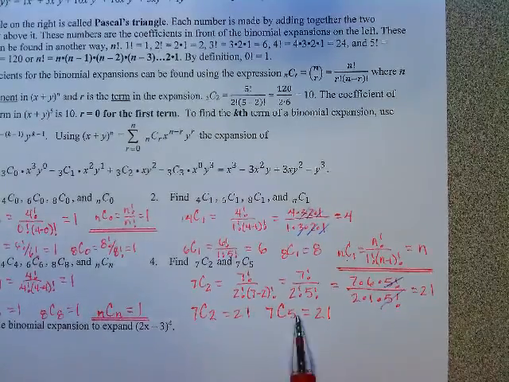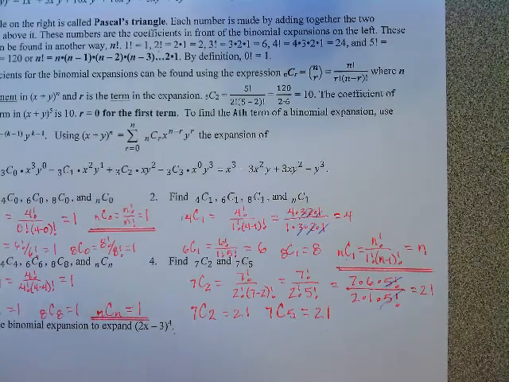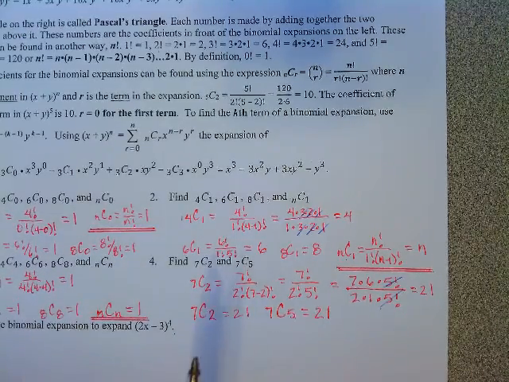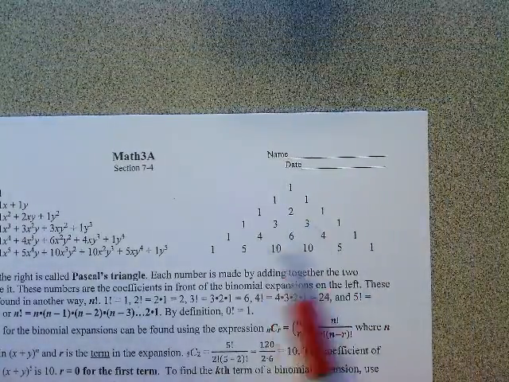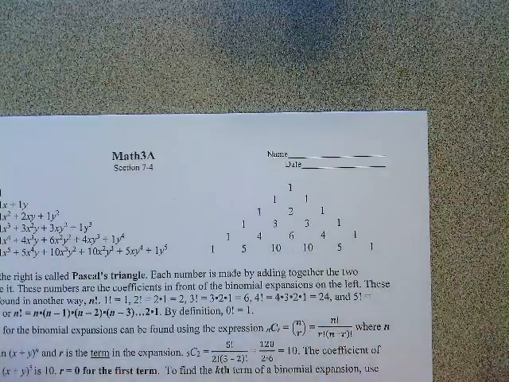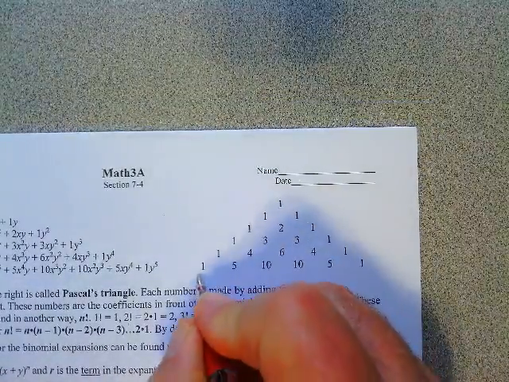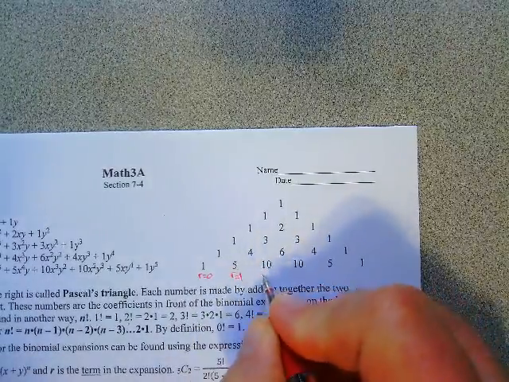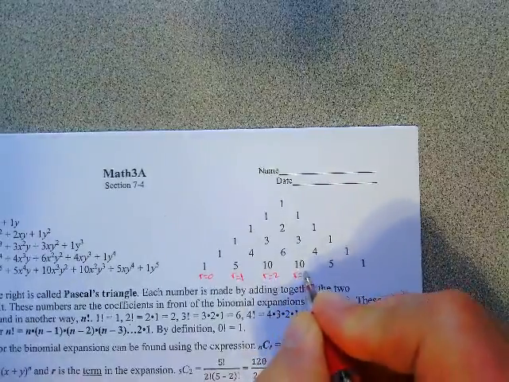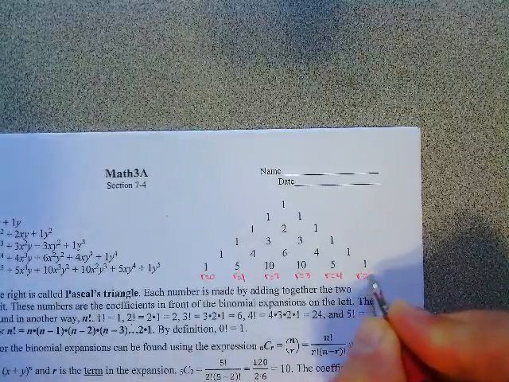And it turns out that if you have the two values of r, if they add up to what n is, you will get the same answer for them. And in fact, if we go up here and look, we can see 3 and 3, 4 and 4, 5 and 5, 10 and 10. We do double up when things are the same. If we just look at our triangle, this was r equals 0, r equals 1, r equals 2, r equals 3, r equals 4, and then of course r equals 5.